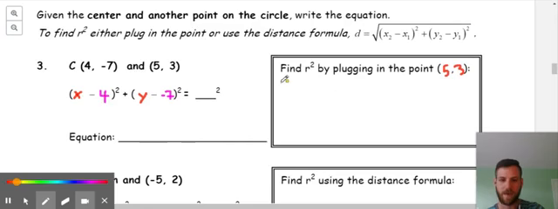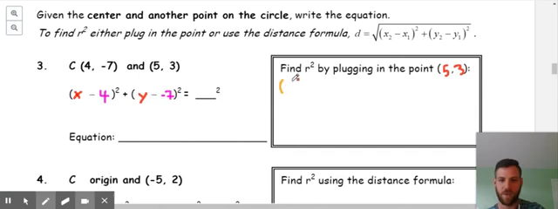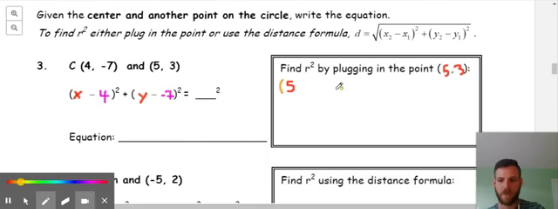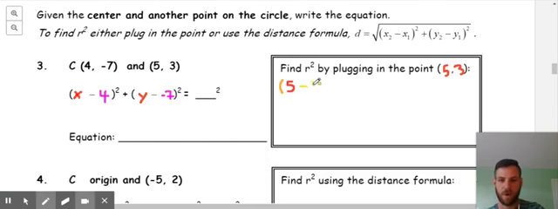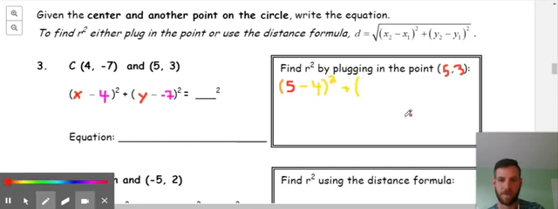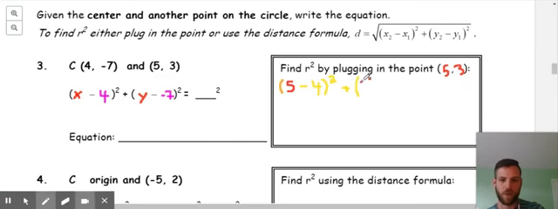So we have our parentheses and our x, which is going to be a 5 this time. And we have our minus a 4 from our center, squared. And then plus our y value, which is a 3 now. So our 3 is going to be our y.